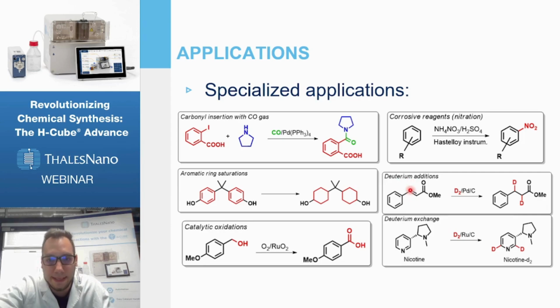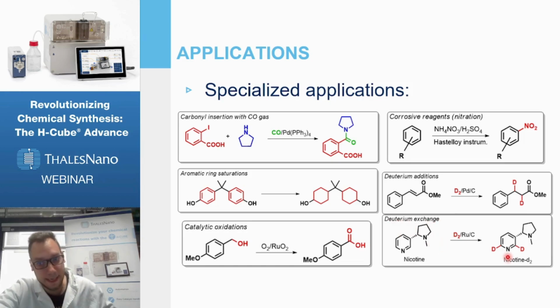So deuterium additions to double bonds becomes possible very easily in continuous flow. And you can also use deuterium exchange reactions, so that's a substitution type of reaction to synthesize isotope labeled materials as well.